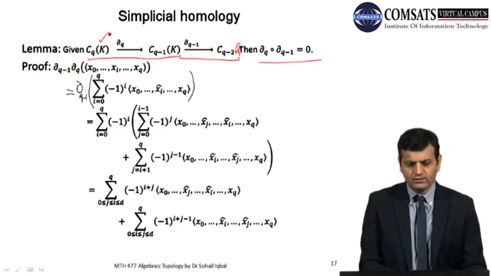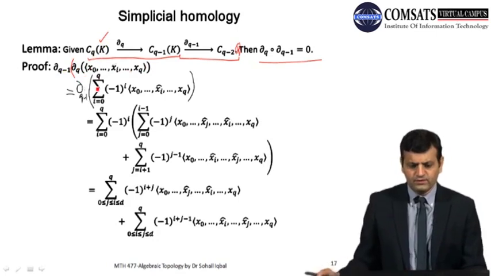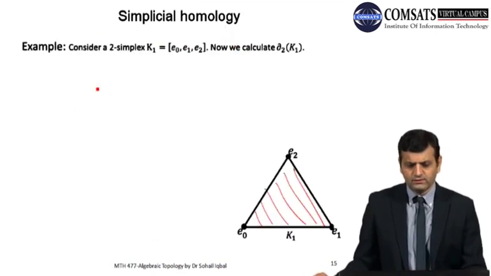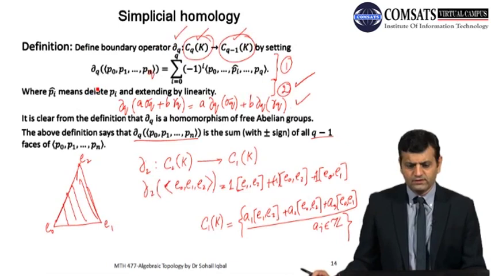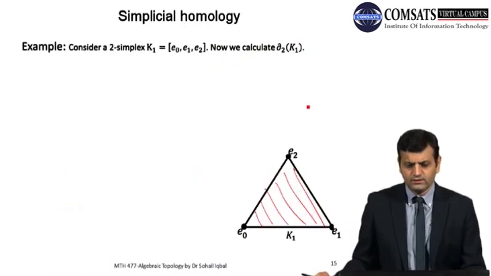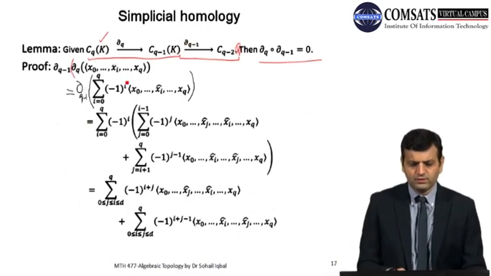Take any q-simplex and apply the boundary map ∂_q. Let's go to the definition. The definition says that this is just equal to the boundary with this negative sign. So just applying the definition we get this directly.